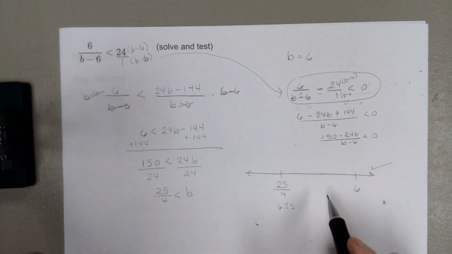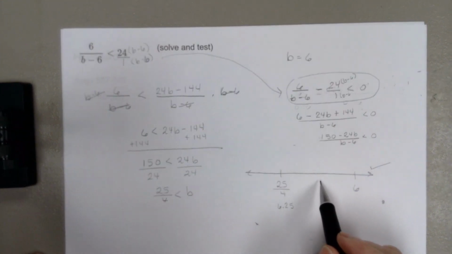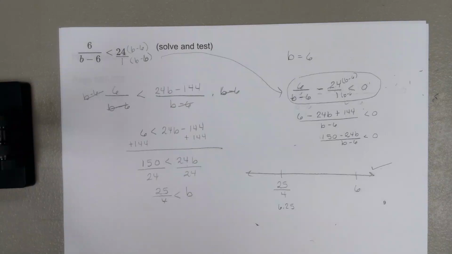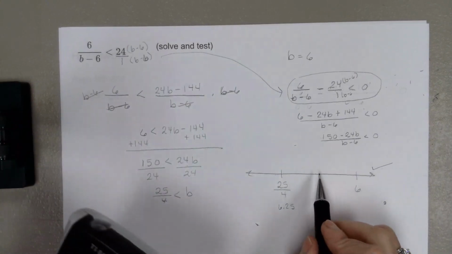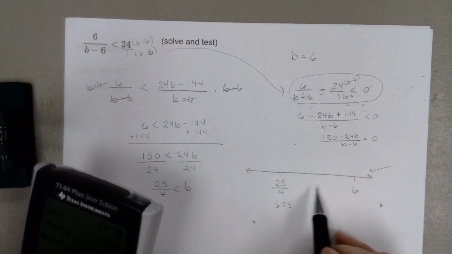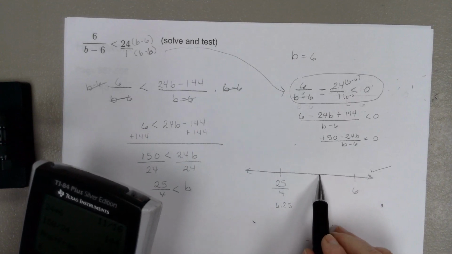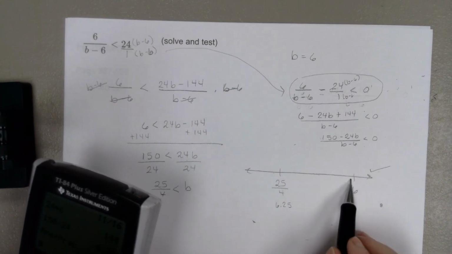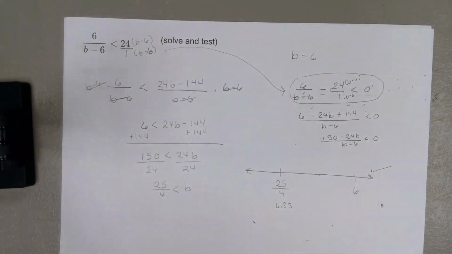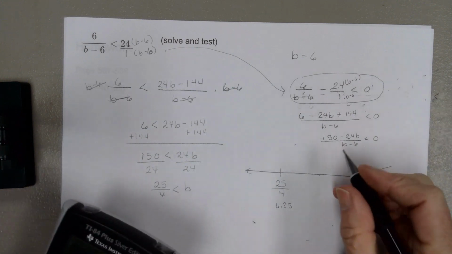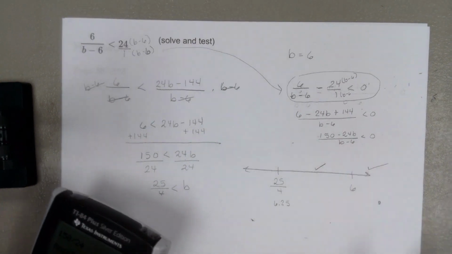If I did a 6.1, that's going to give me a 0.1, so actually it'd have to be something different than that. Let's do a 6.5, which is between those two. I would have 6 divided by 0.5, which is going to give me 12. 12 minus 24 is also a negative number, so that also works.